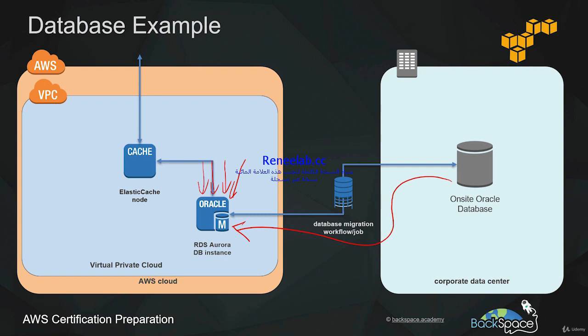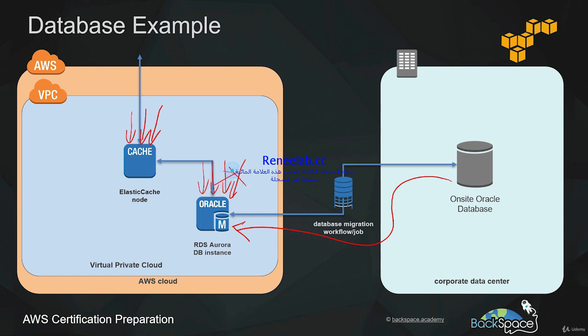We can put an Elasticache node in front of that RDS instance, and that will cache our frequently accessed data. Because it's delivering that data from memory and not from a hard drive, it will be delivered with very low latency. And at the same time, the load on our database will be massively reduced.